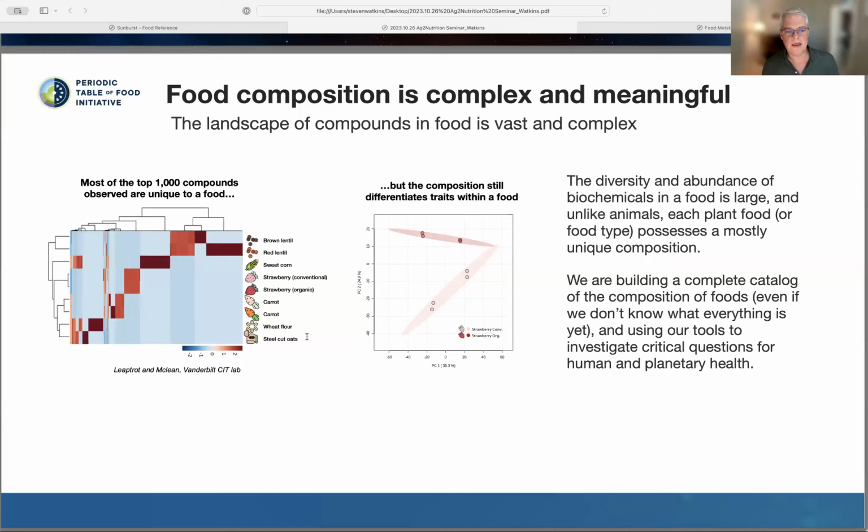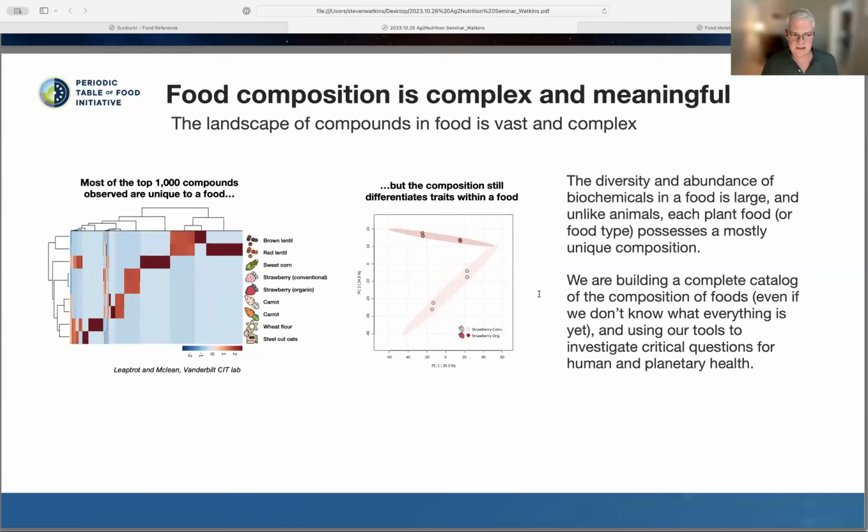And I note that even though if you look here, the conventional and organically grown strawberries look very similar, the data itself speaks to a separation of sort of phenotypes of these foods. In this case, conventionally grown strawberries versus organically grown strawberries.